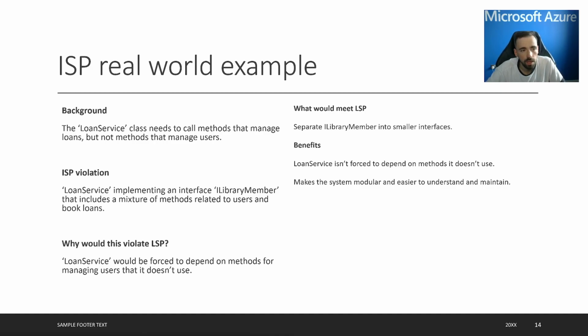What would instead meet ISP is separating the ILibraryMember interface into smaller interfaces, one that contains actions related to users, one that contains actions related to loans, and then LoanService can just depend on the interface that it requires. The benefit of this is that LoanService isn't forced to depend on methods it doesn't use, and it makes the system more modular and easier to understand and maintain.